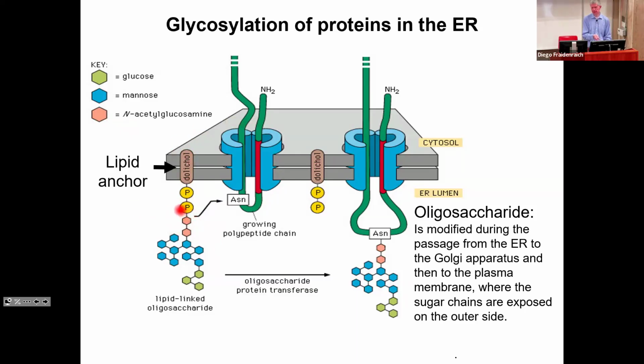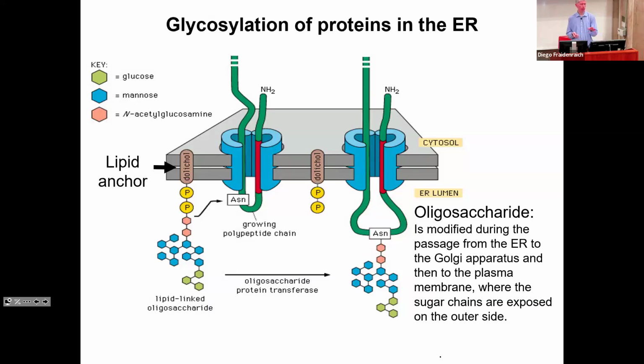During the translocation process, once this asparagine comes into the lumen here, it's recognized by the enzymes that transfer this oligosaccharide to the protein, and it's during the translocation process, not on the protein that's already completely synthesized. So it's during this translocation process that the sugar component is added.